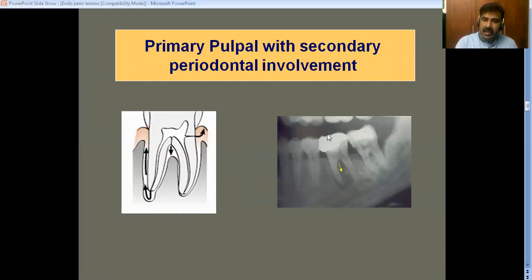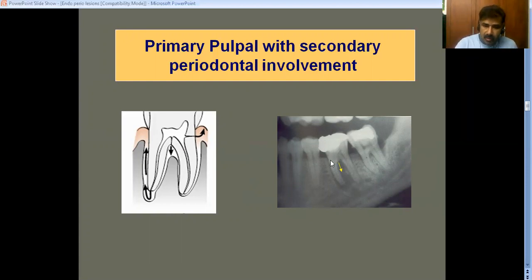You can see a large caries over here, almost involving the pulp. So the tooth must have become non-vital. The infection must have come out apically, and it can spread here also. So these are the different ways in which you can see it. Basically, here the lesion is of pulpal origin.